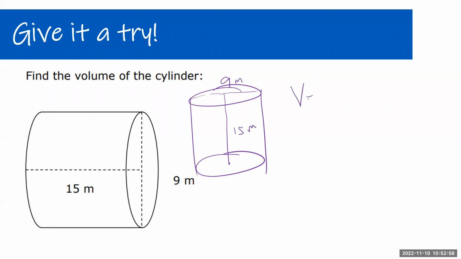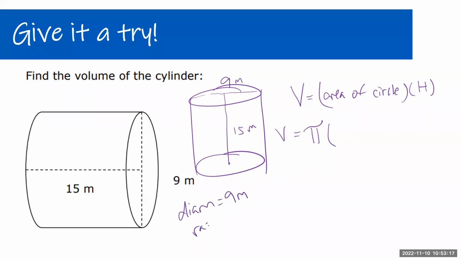So remember that our volume is going to be the area of the base, or the area of that circle, times the height. The area of that circle is going to be pi times r squared. So if our diameter is 9 meters, then our radius must be 4.5 meters. Okay.